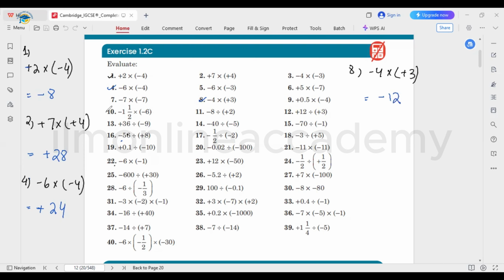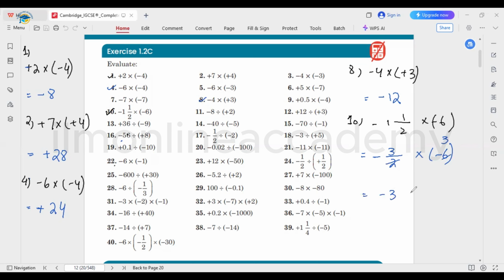Okay, let's see the 10th part, as we have negative 1 and 1 by 2 times negative 6. As here we have a mixed number, we can change it into an improper fraction. So 2 times 1 plus 1 would be 3 by 2, along with that negative sign as well, and times negative 6. Here you can do some cancellation if you want, like 2 into 6 is 3.